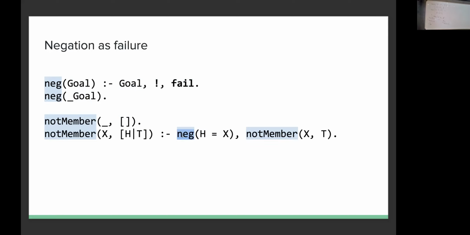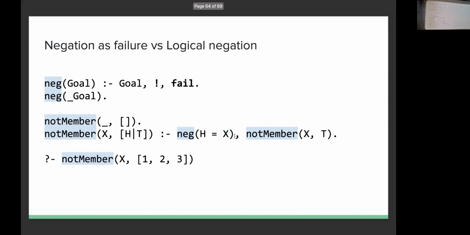This neg is used to negate the unification, and x is also not member in the rest of the list. Okay? So what neg here does is it tries this goal. If it succeeds, then this will fail. And if h equals x fails, then neg will succeed, right?